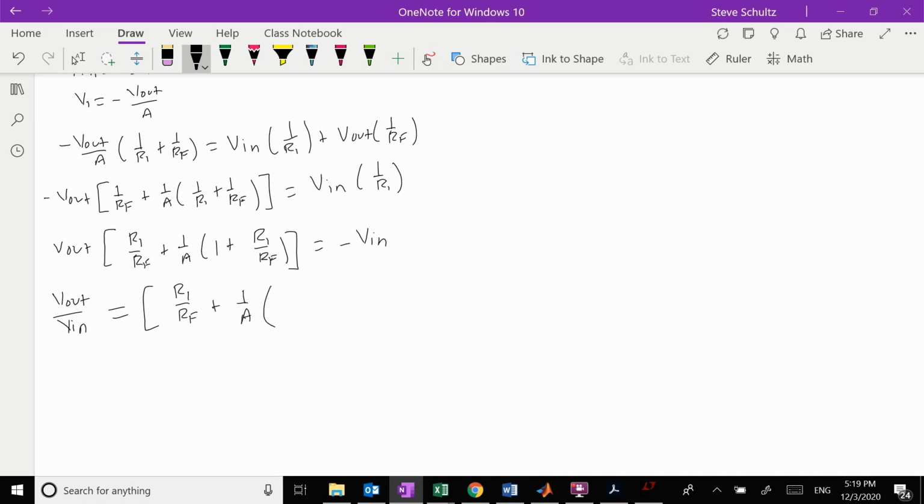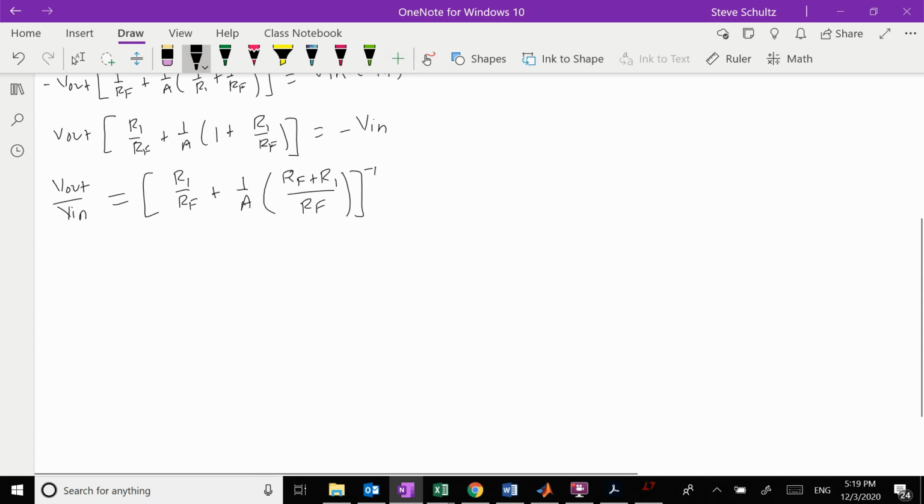Might as well combine these two together: RF plus R1 over RF, inverted. Okay, so now we have this, but we're going to have to invert this, so we might as well combine these two pieces together to get a common denominator.